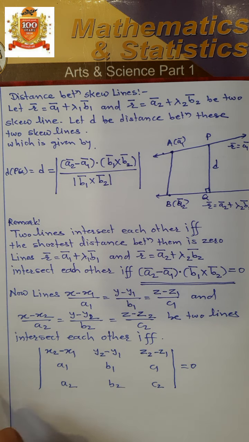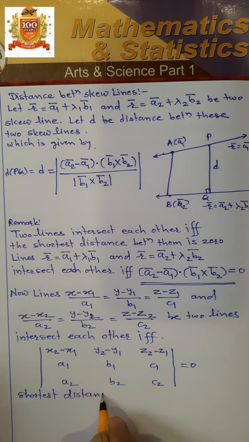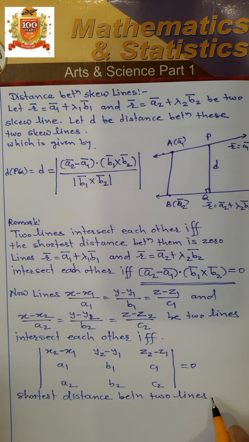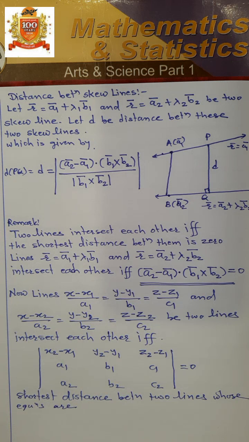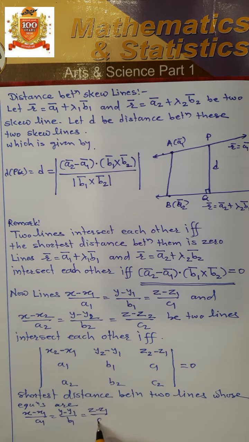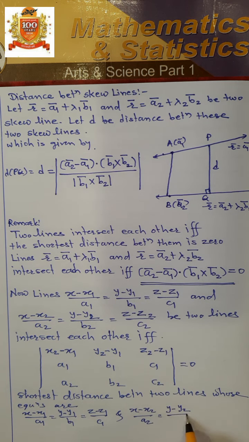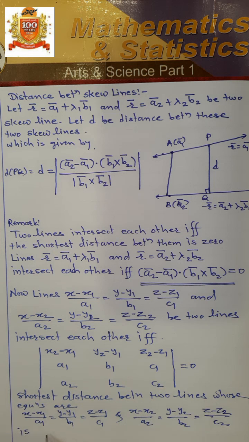Now let us see the shortest distance between two lines whose equations are x minus x1 upon a1 is equal to y minus y1 upon b1 is equal to z minus z1 upon c1, and x minus x2 upon a2 is equal to y minus y2 upon b2 is equal to z minus z2 upon c2, which is given by the following formula.